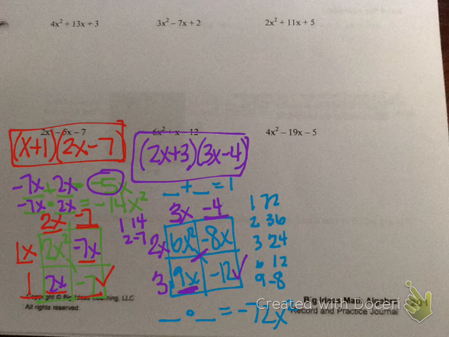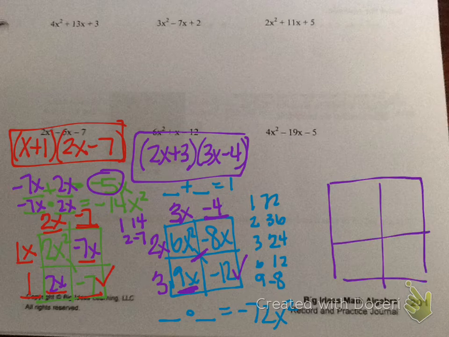And then on this last one, we have 4x squared minus 5.